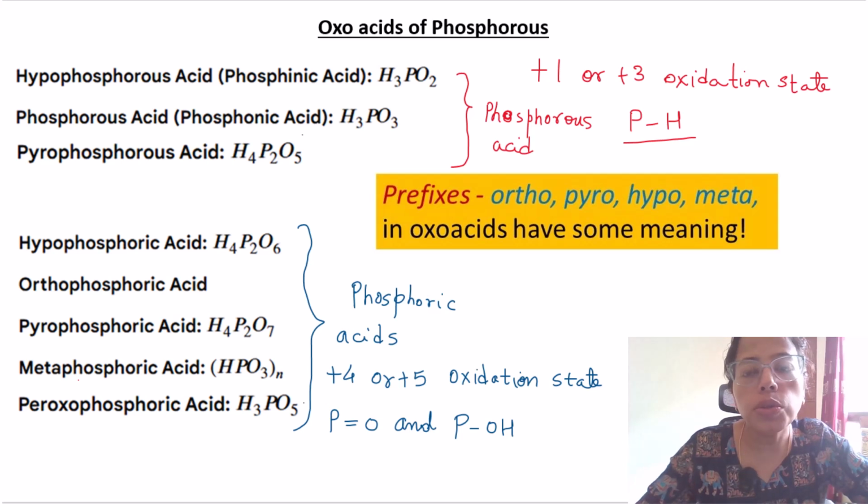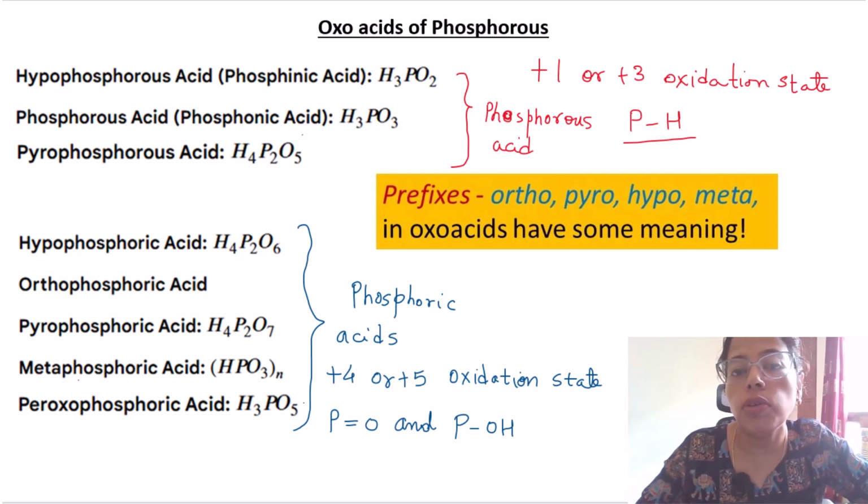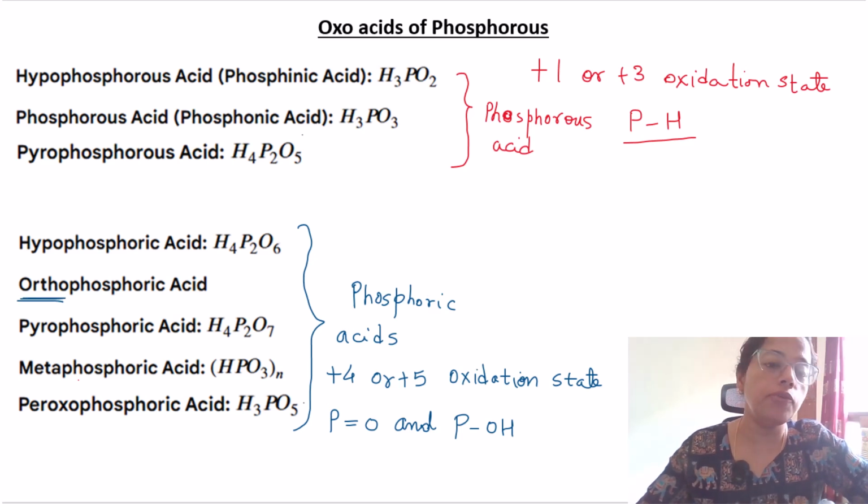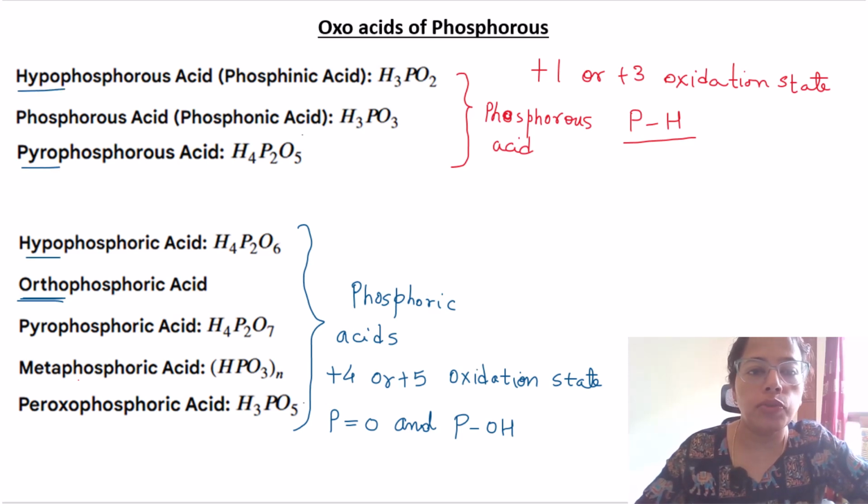Okay. And also you can take a note of the prefixes that are attached to these phosphorus and phosphoric acids. The prefixes have some sense, okay? Like the orthophosphoric acid. Here we have the prefix ortho. So you can see various prefixes for these oxoacids: hypo, then pyro, then again hypo for both phosphorus and phosphoric acids, pyro for both phosphorus and phosphoric acids, then ortho, and meta for phosphoric or phosphorus acids.